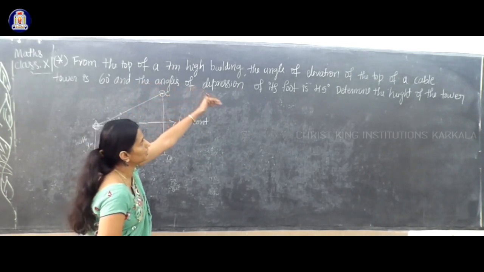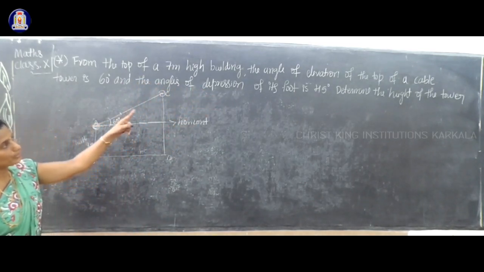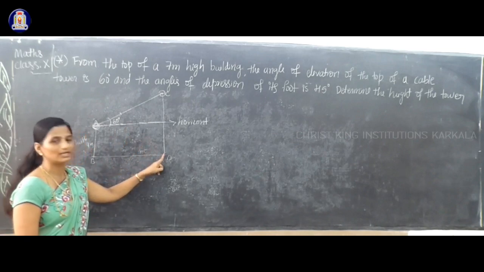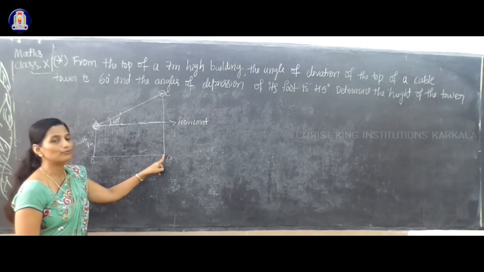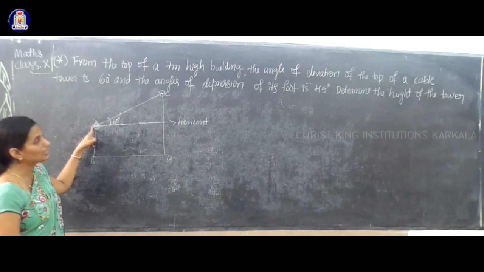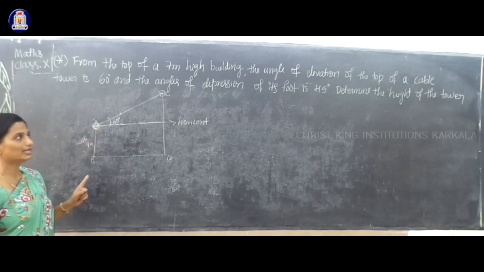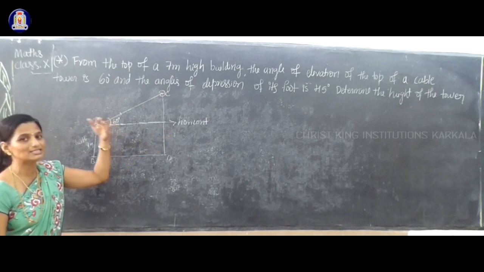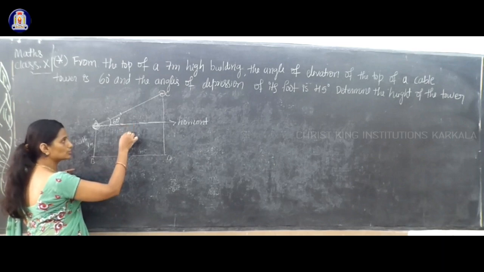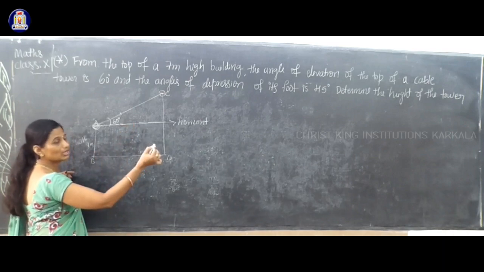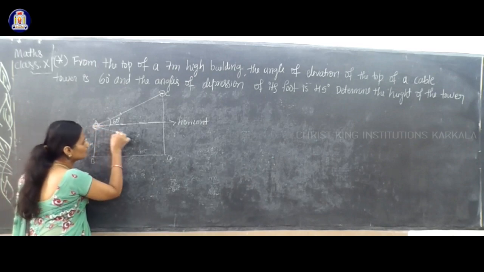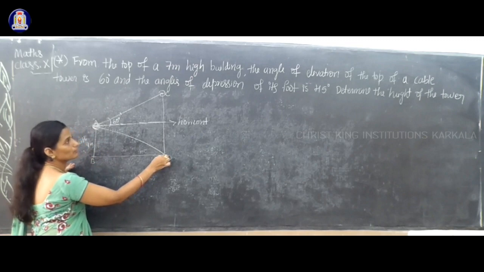The angle of depression of its foot is 45 degrees. So from the top of the building to the foot of the tower, the angle of depression is 45 degrees. The angle of depression is below the horizontal line.